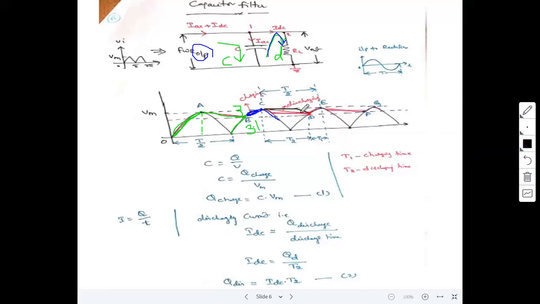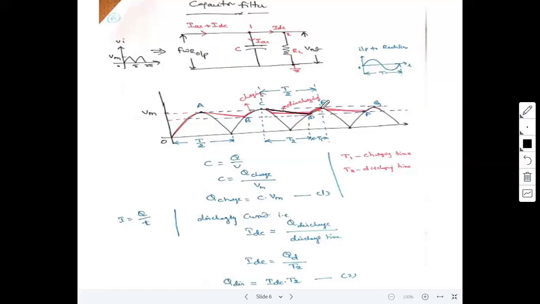It will discharge, and that depends upon the RC time constant, RL into C. Whenever the capacitor is discharging, slowly discharging, it reaches the point D. Now at point D, what happens here? Again the full wave rectifier output voltage is greater than the capacitor voltage.